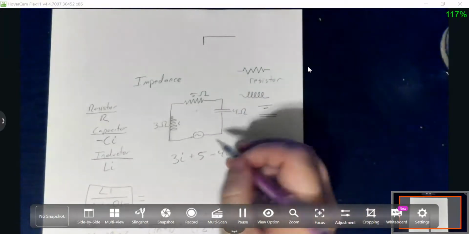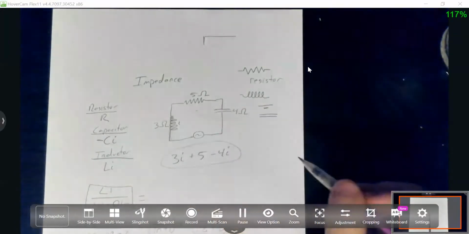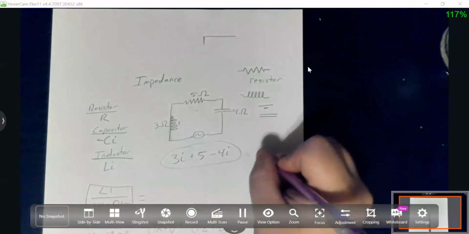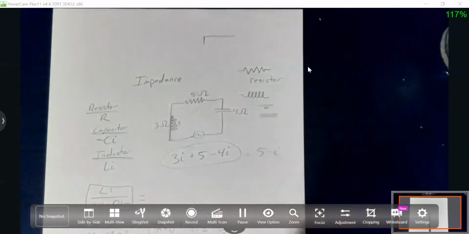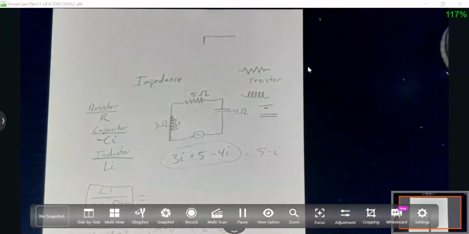Alternating battery is the source. It's not really doing anything to stop it. It's what's giving it. So the total impedance of this would be 5 minus i. I'm probably not going to give you many of these because I'd have to give you the reference charts for it, but I did want you to see that it actually has real world applications in spite of everyone calling them imaginary numbers.